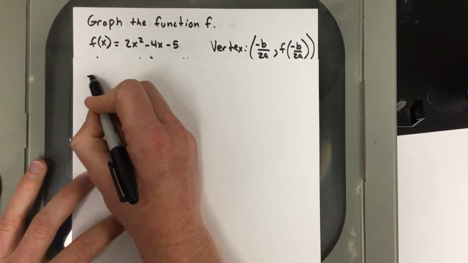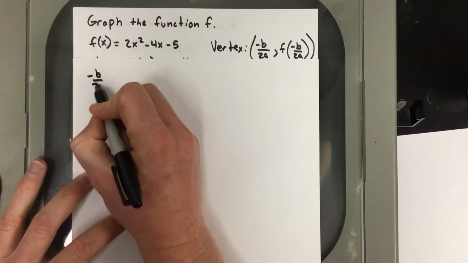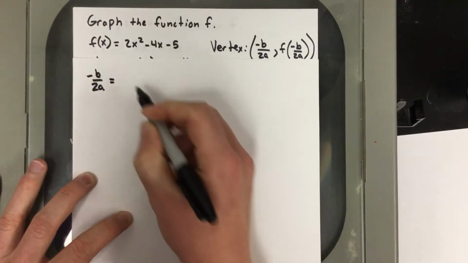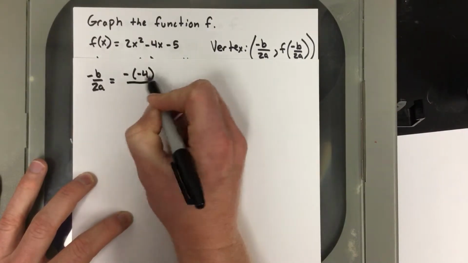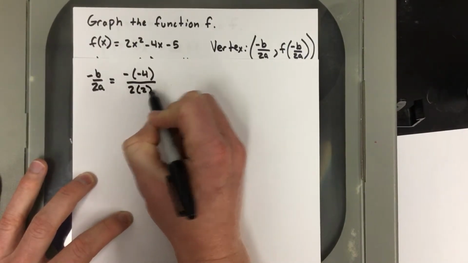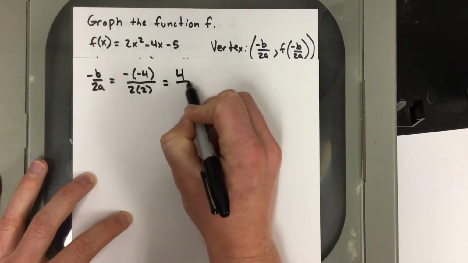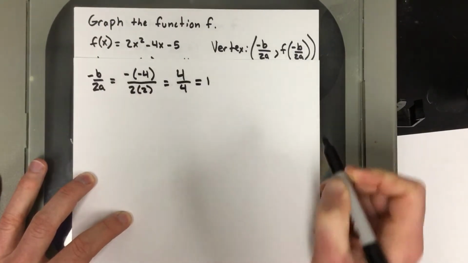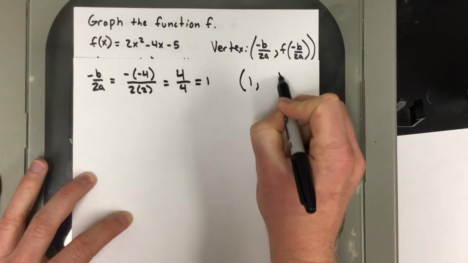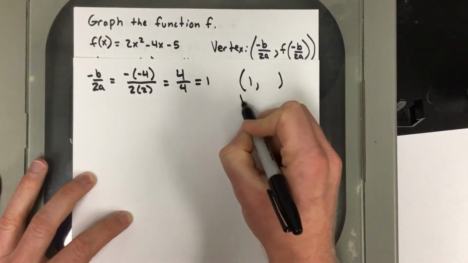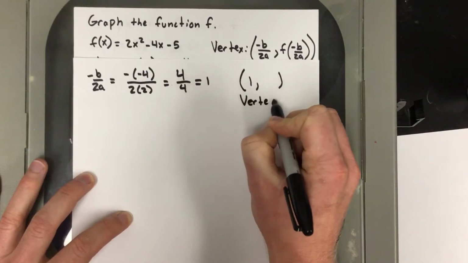We're going to say minus b over 2a equals negative 4 all over 2 times 2, which is 4 over 4, which is 1. That's going to be the first part of my vertex coordinate. Okay, so what I'm going to write down here, this is the vertex.